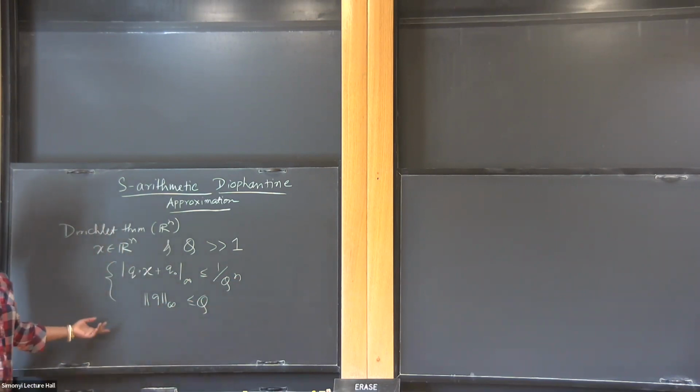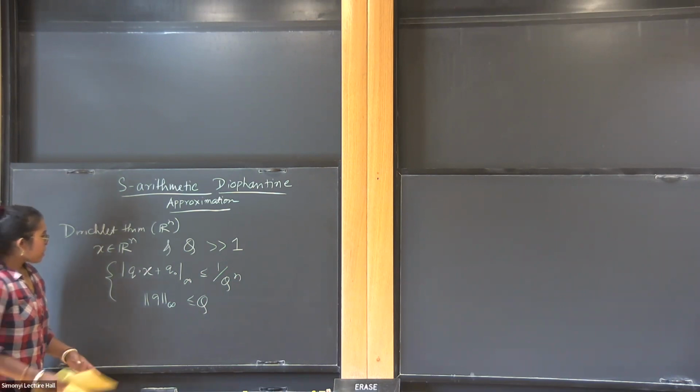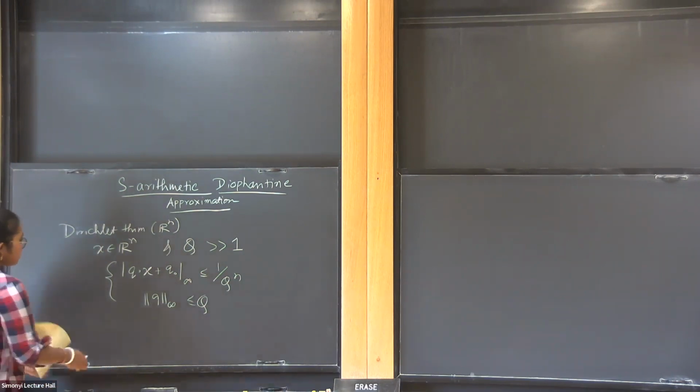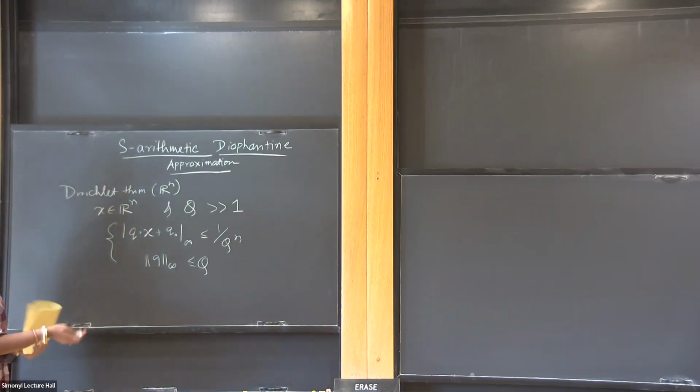The norms I'm using are the supremum norms, but actually it doesn't matter. Okay, so this is quantifying the fact that rationals are dense in Rn.